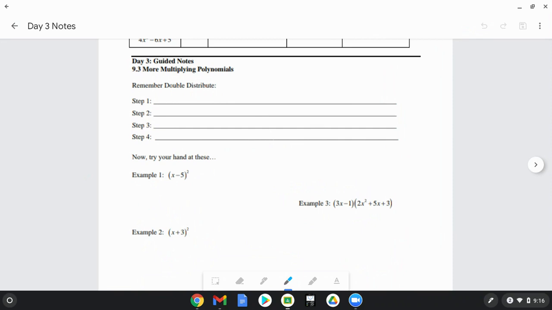If we were to double distribute, we're going to multiply the first term in the first binomial by the first term and the second binomial. My next step is multiplying the first term by the second term now.